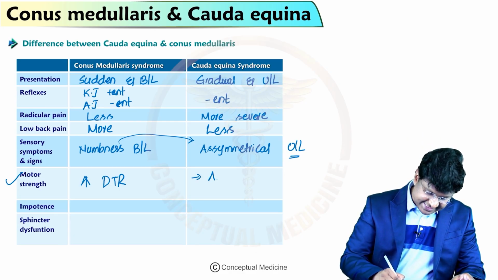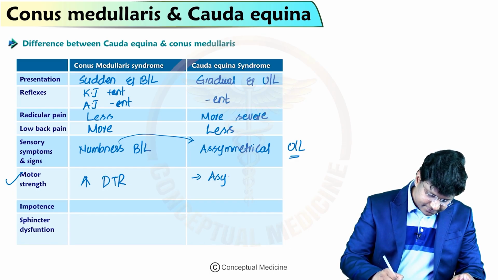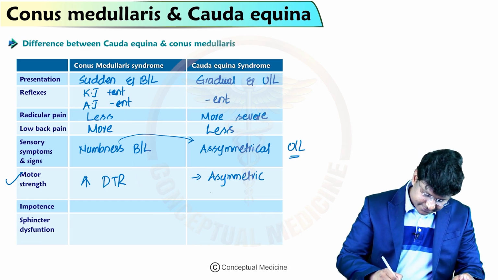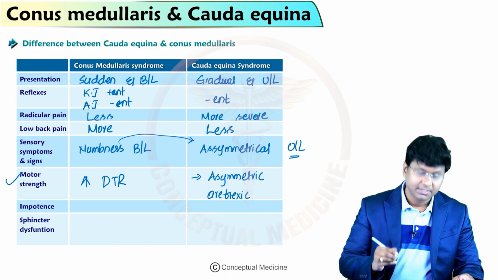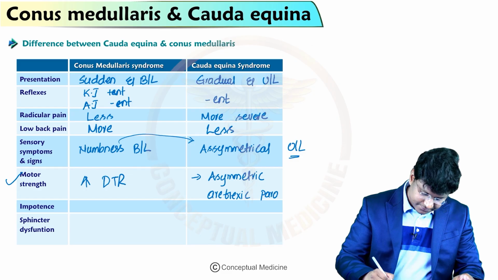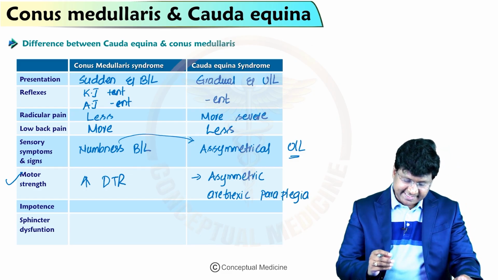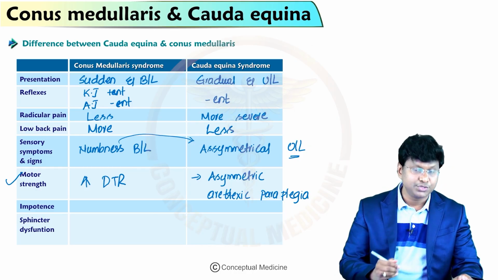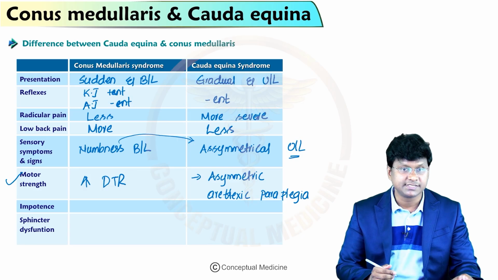So there will be asymmetric areflexic paraplegia. That is what you will have in case of cauda equina syndrome.